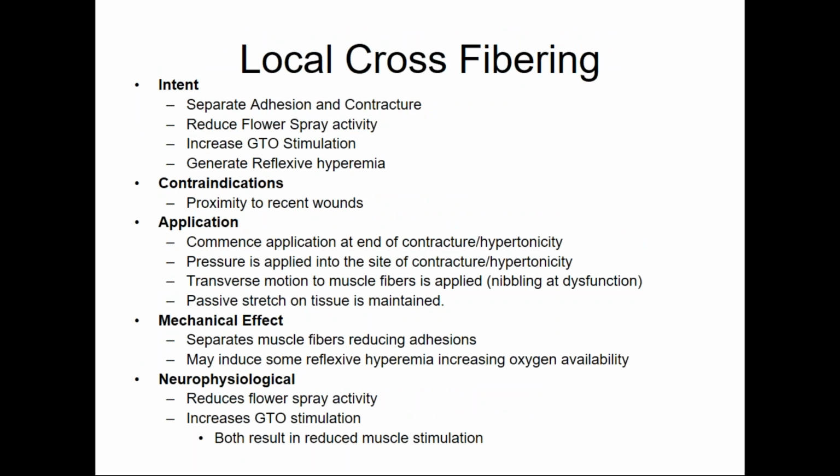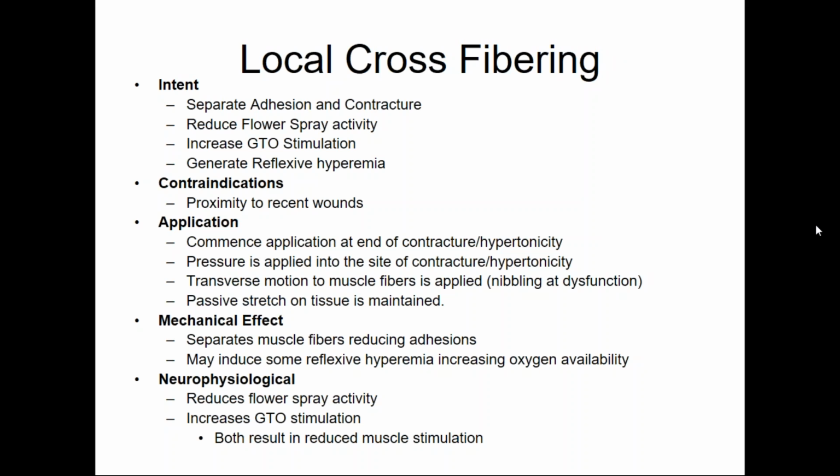So you get into local cross-fibering. Local cross-fibering can be used for breaking down adhesions. It can also be used to reduce hypertonicity within the tissues. The big thing with this technique is you're going to apply it at the end of the section of hypertonicity or contracture or adhesion.